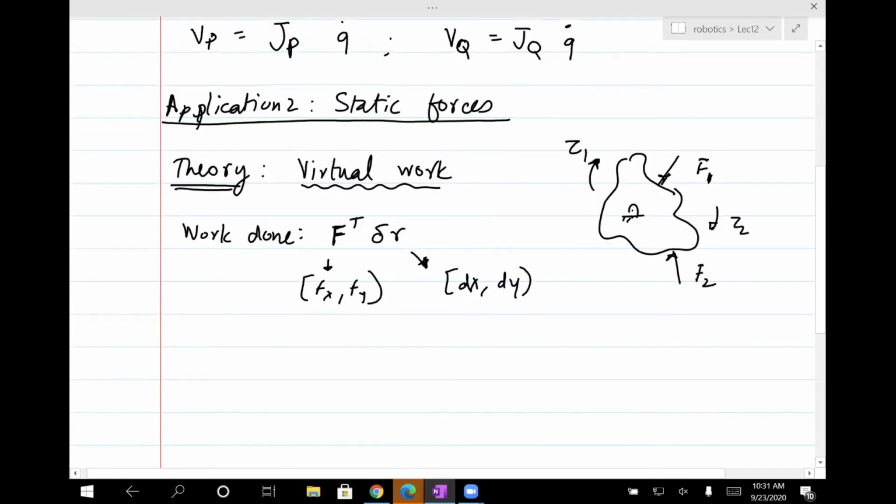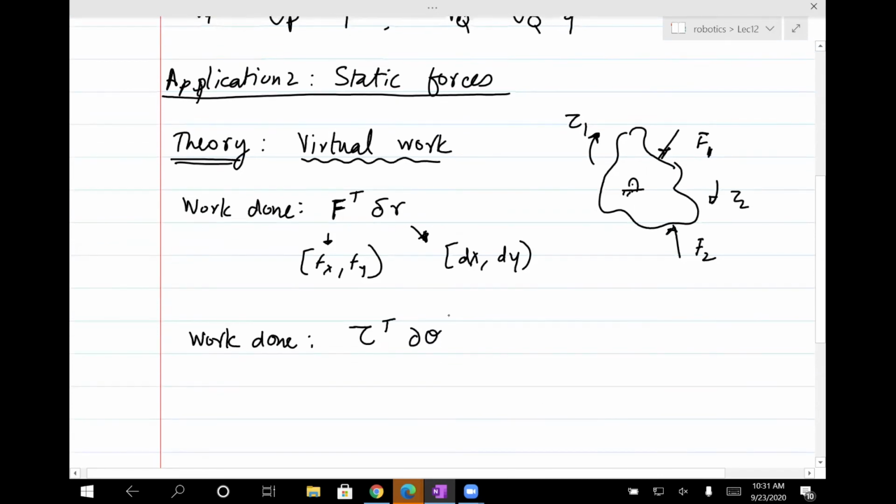So when this system has a virtual displacement, there's virtual work done, and these forces should be balanced by the rotational motion of the system. So this is again a virtual rotation. It's not real, but it's virtual. So the work done by the torque is going to be the torque times d theta. Okay, so all these dx, dy, d theta are virtual displacements or rotations.